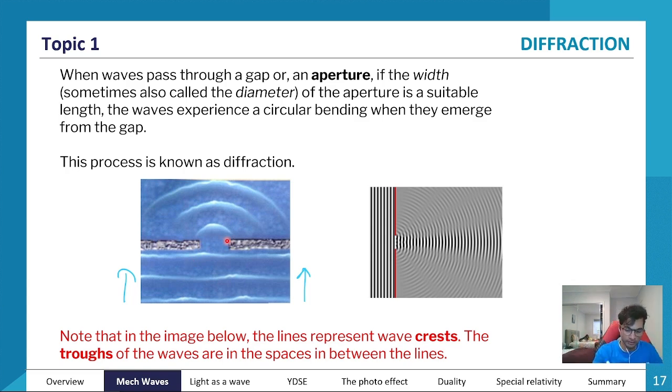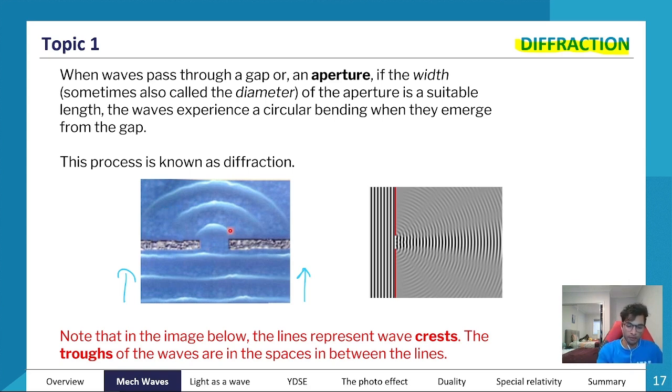So you can see that this is the first wave, the second wave, and the third wave. They are spreading out in this sort of shape. And this sort of spreading out effect is what we call diffraction. So this wave is being diffracted and it's spreading out after it passes this gap.